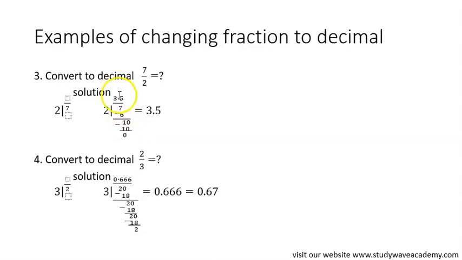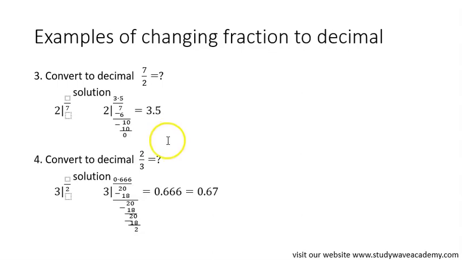So we write 5 up, and 5 times 2 will give us 10. So 10 minus 10 will give us 0. So our answer is 3.5. 7 over 2 in decimal is 3.5. Okay? Do we understand that?